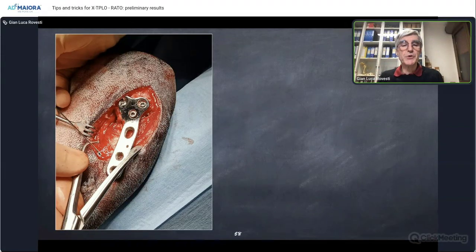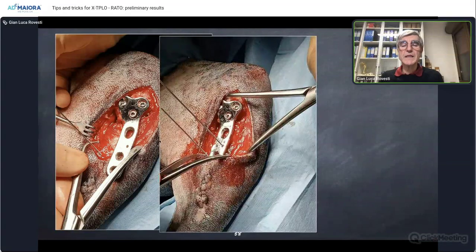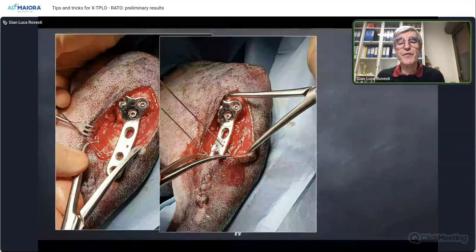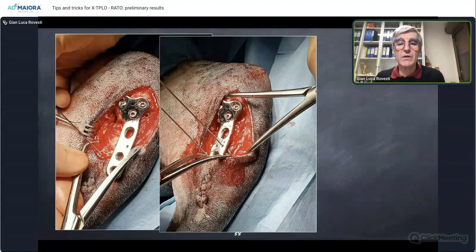Why? Because we should bring the plate in contact with this K-wire, because this K-wire is our zero reference. When we are happy of the final position of the plate, we can apply radial compression by a forceps.